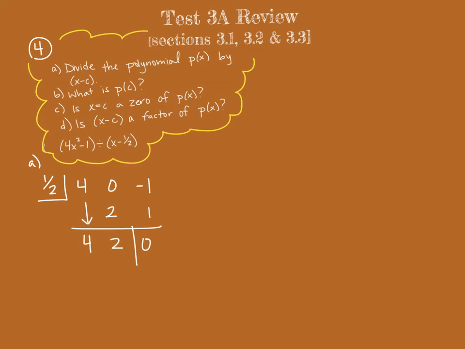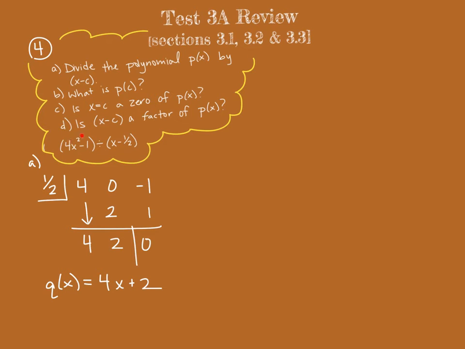So our final answer here, because we started with a quadratic, when we divided by a linear polynomial, in this case a binomial, we drop down 1 degree, basically. So because we started with a quadratic, our quotient here is linear. So our quotient, q of x, is 4x plus 2.